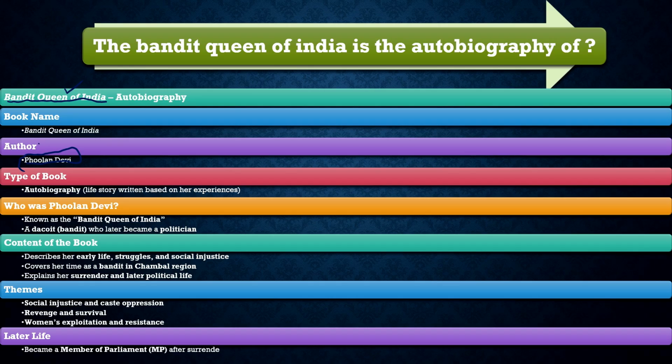The book name and the author are very important here. The book was based on her life story, and Phoolan Devi was known as the Bandit Queen of India. A bandit is exactly a dacoit, and she later became a politician.